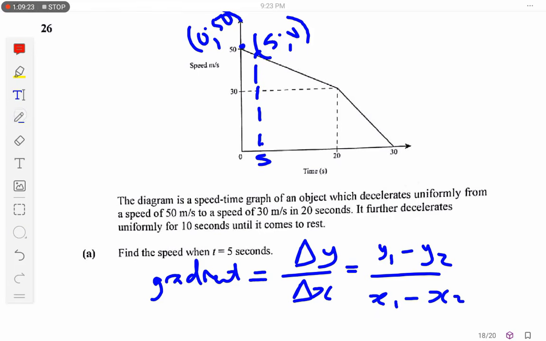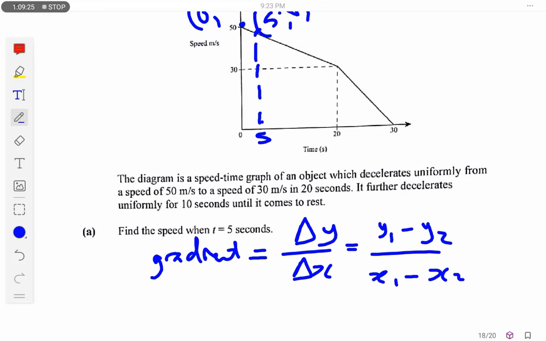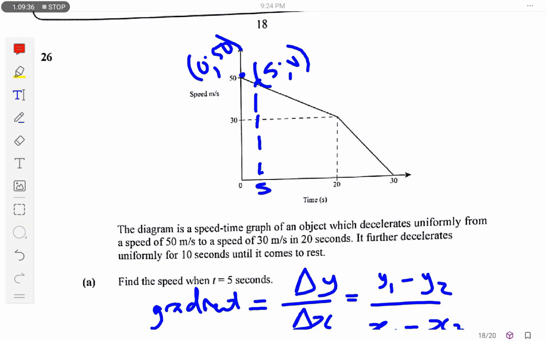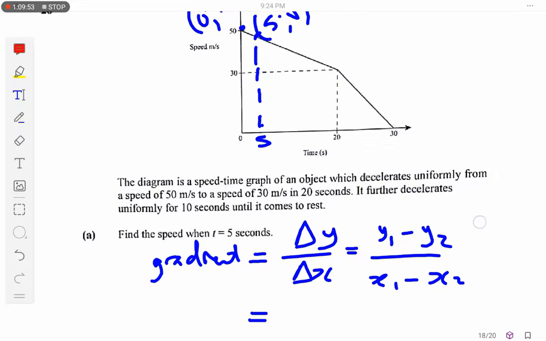Okay, so for our y values we've got a speed of 30 there.